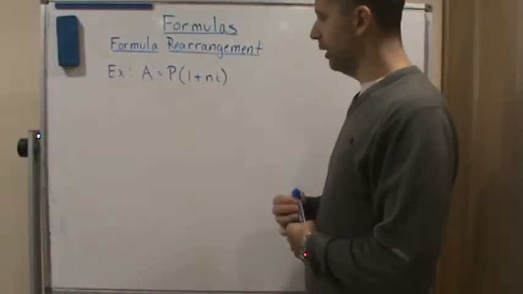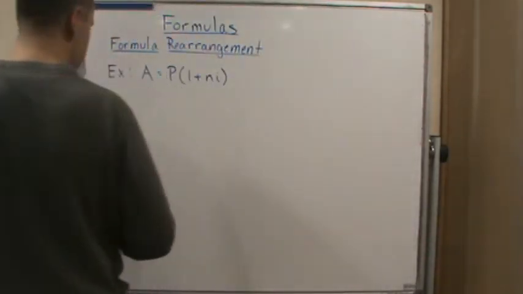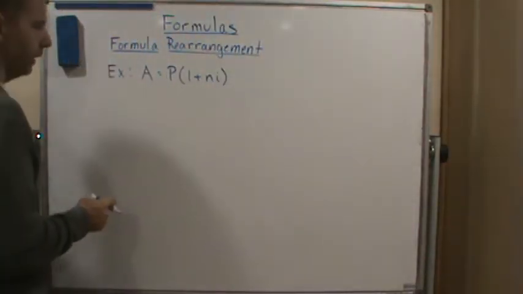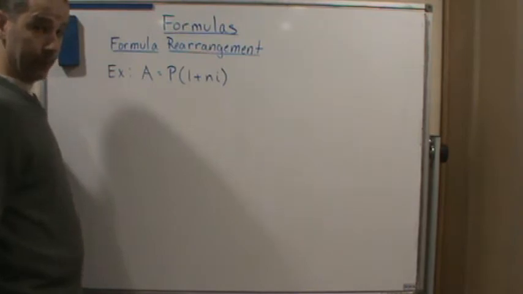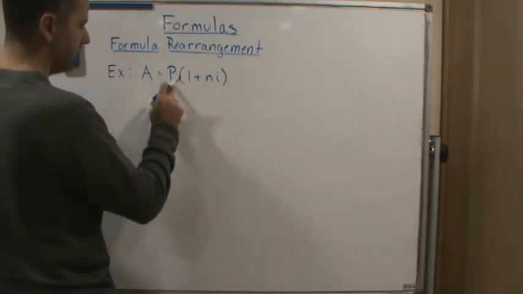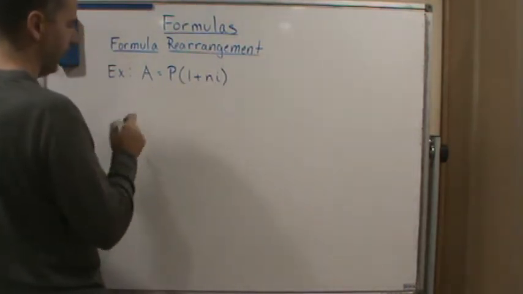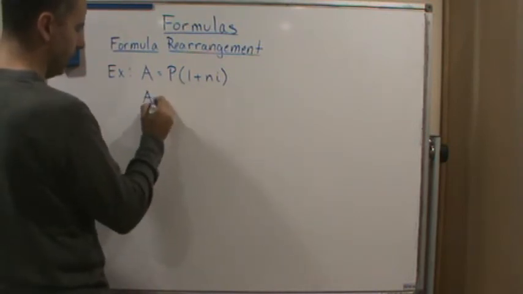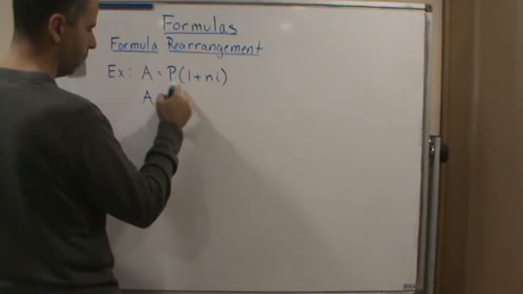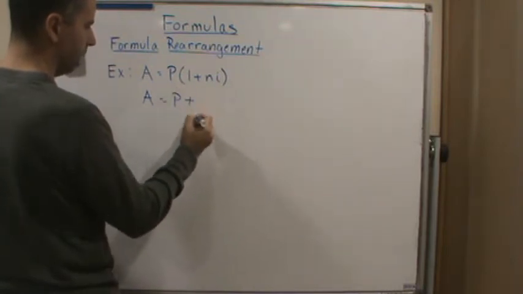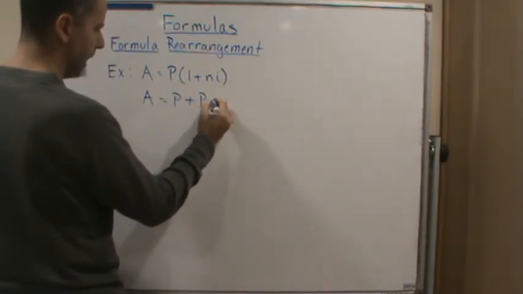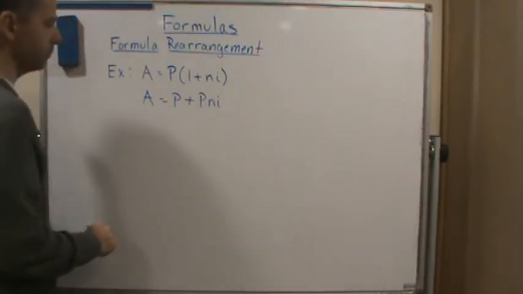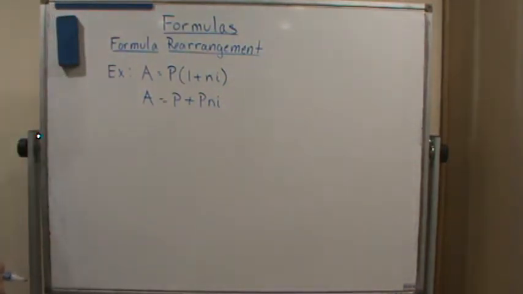It's two sides of the same coin. So one way to do it is, well, I can use the distributive property. So let's do that and see what happens. We're going to distribute the p, so we get A equals p, right? 1 times p is p, plus p times n times I.